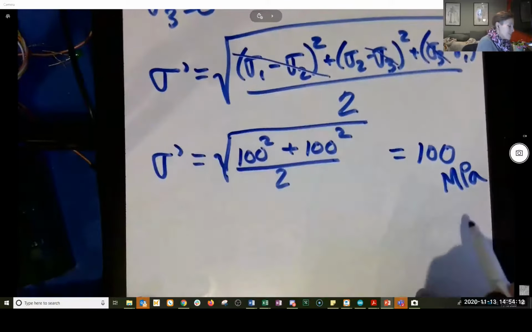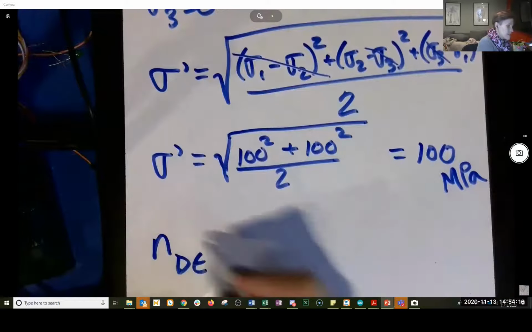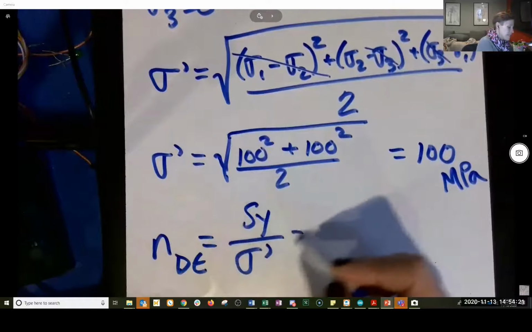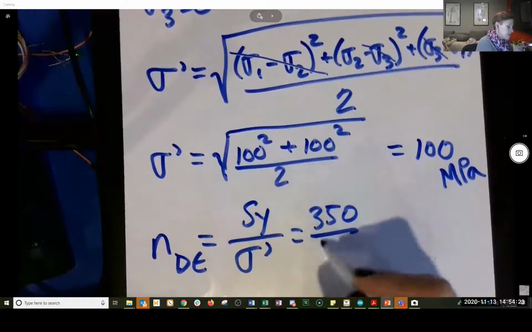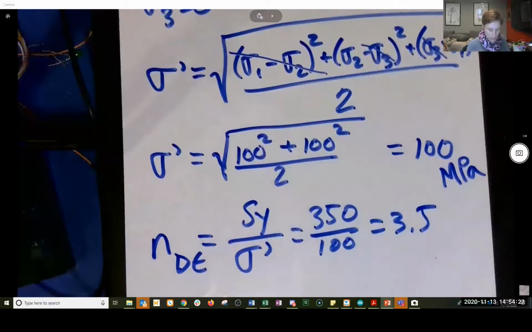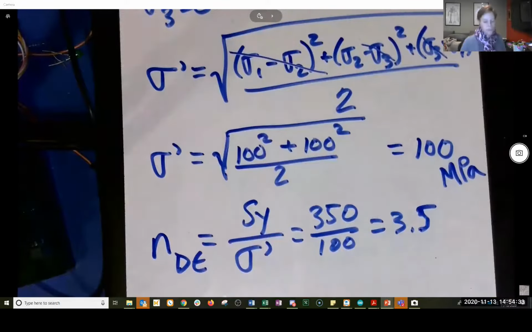Okay, so then my factor of safety for distortion energy theory would be S_y over von Mises, 350 over 100, 3.5. So it's okay if they're the same. It's not okay if this was smaller than maximum shear stress.